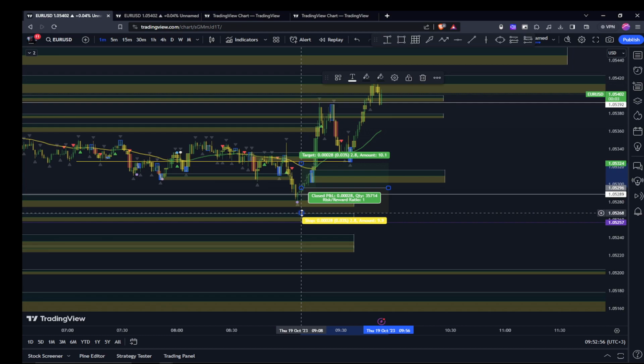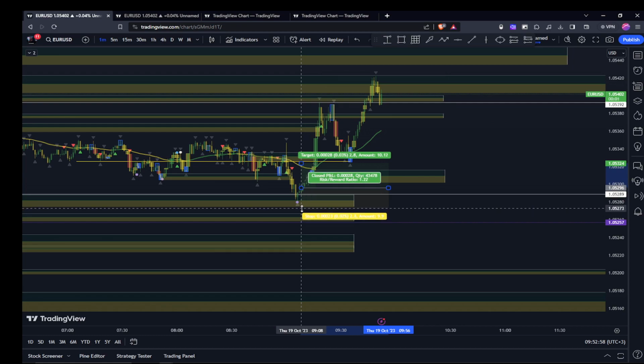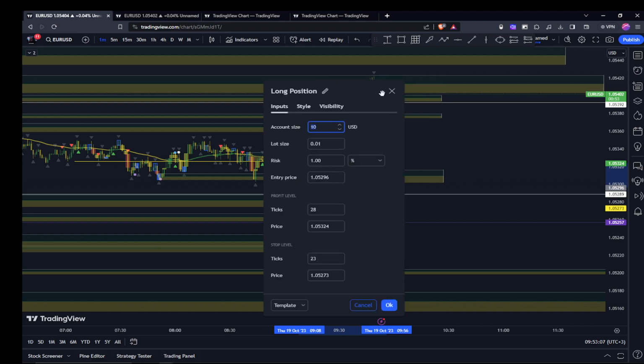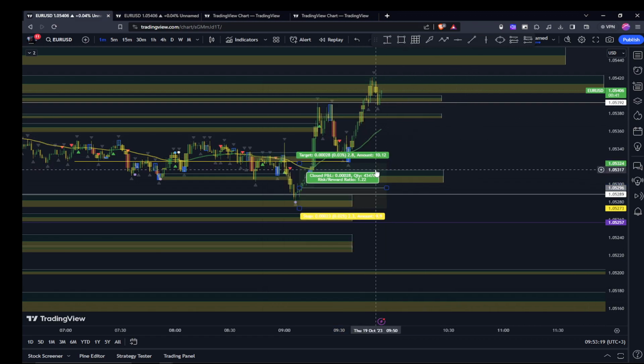Buy at the orange entry, and I usually put my stop losses very tight. As you can see, the stop loss level aligns very correctly with what I want. This is 2.3 pips, and 2.3 pips is what I like.